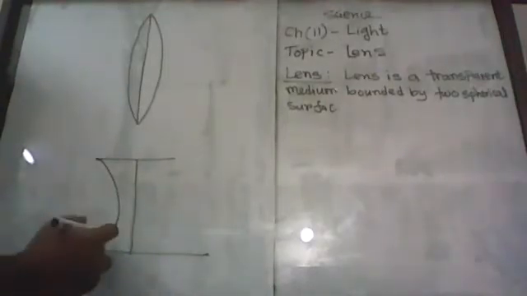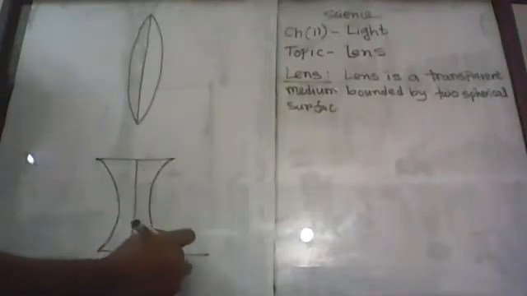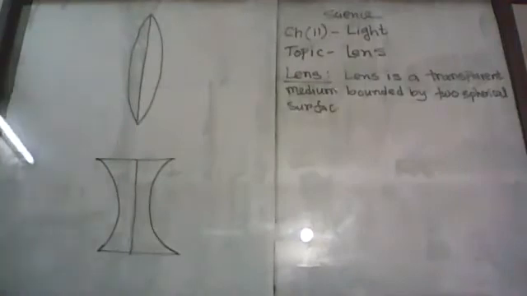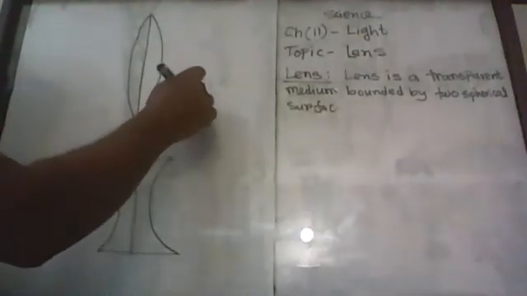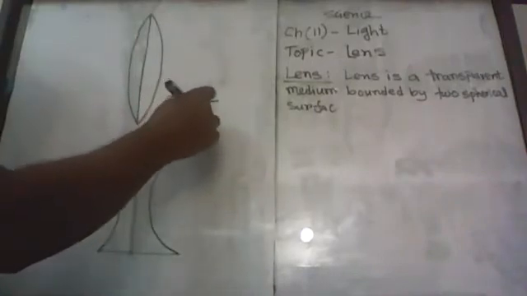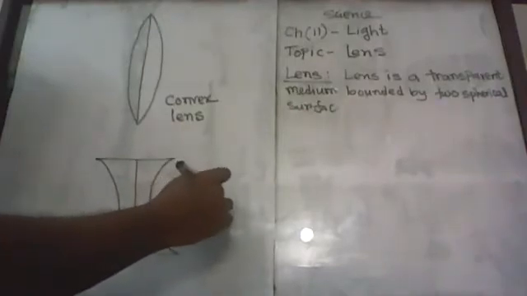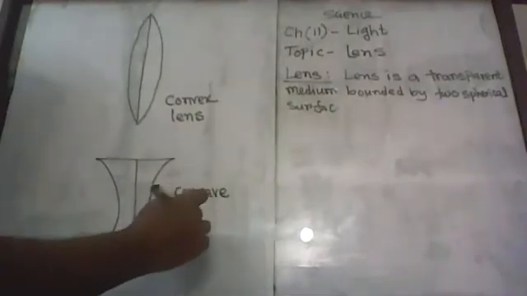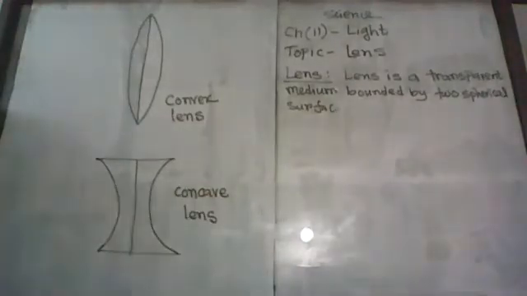So this is the concave lens. So the first one is convex lens, and second one is the concave lens.